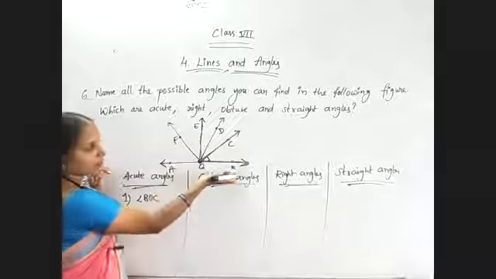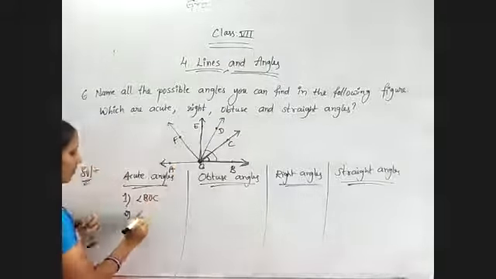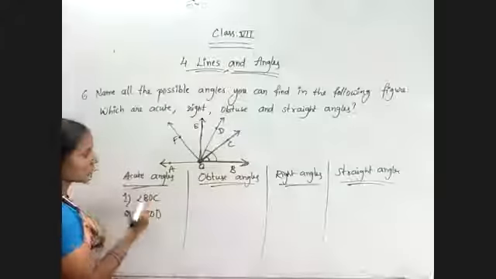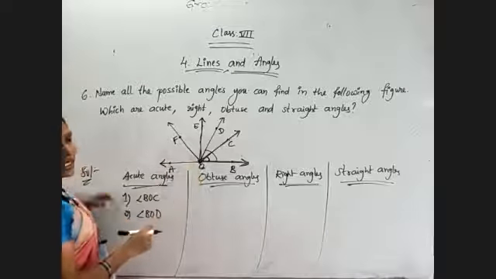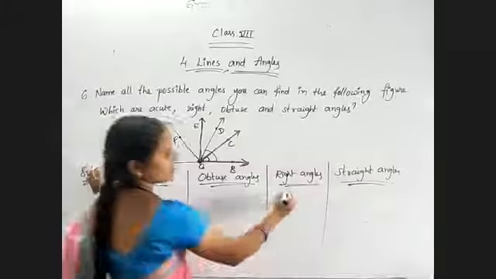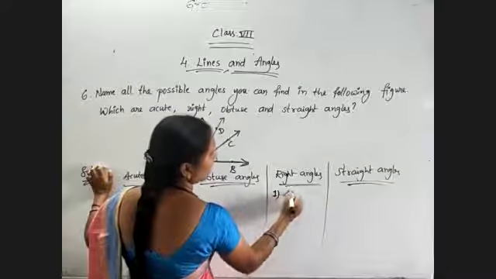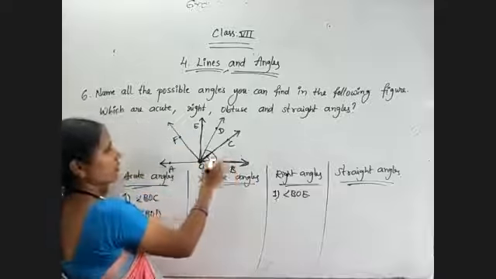And the second one, BOD, is also an acute angle, angle BOD. Okay. Next coming to BOE, BOE is a right angle. So it comes under right angle, angle BOE. And BOF is more than 90.